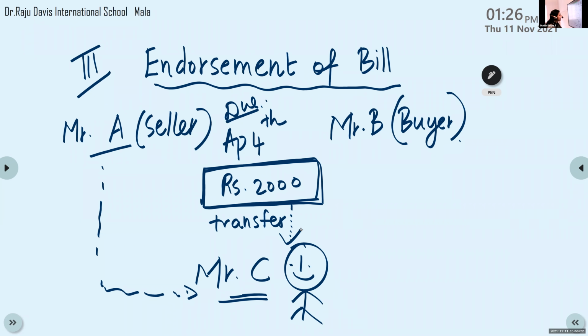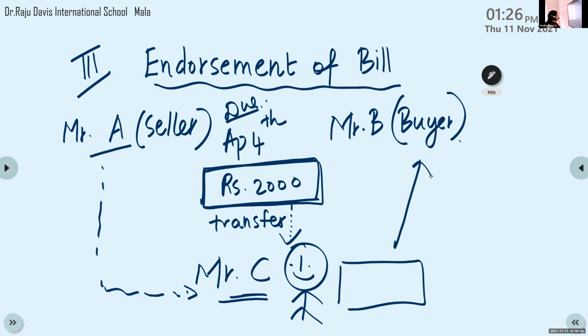Mr. B will be giving you 2000 on April 4th. Clear? So, on the due date, Mr. C, who is having the bill now, will go to Mr. B and collect the money. The problem is solved. Clear? The case is clear?